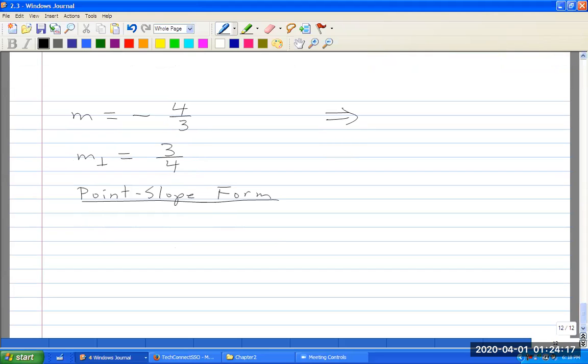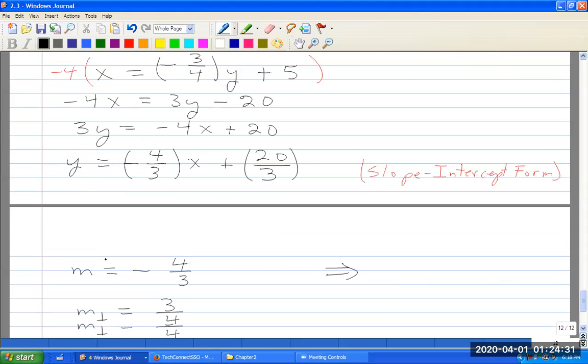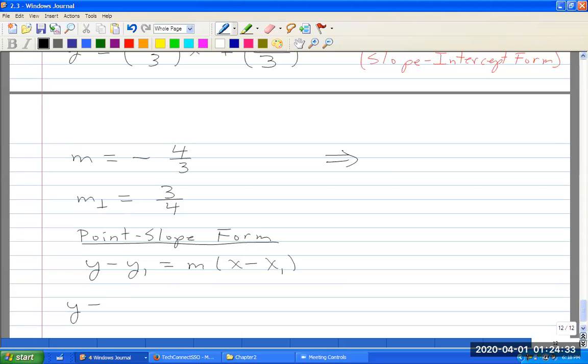y minus y1 equals m times x minus x1. And so I have y minus y1, where y1 is negative 5, so negative 5 becomes a positive 5, equals the slope, 3/4, times x minus x1, which is 1.